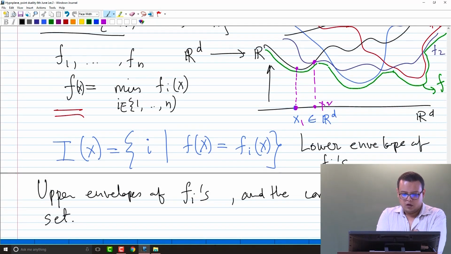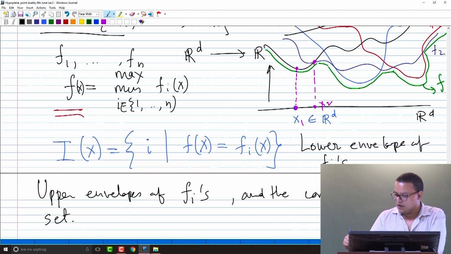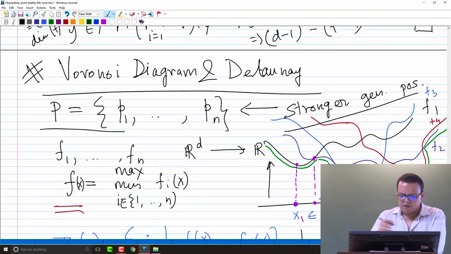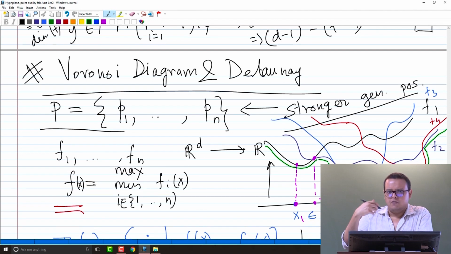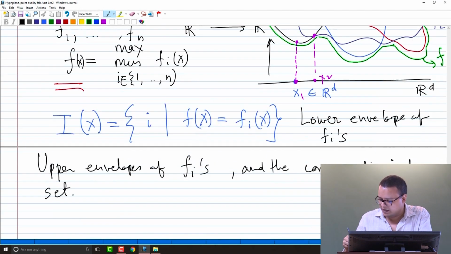So, lower will be the minimum, and for upper you will replace it with max. I am not drawing the upper envelope, it is so hard to draw with these horrible functions that I have drawn. I will draw a very nice one which is easy to do. Same fi's. You have a family of functions, and the upper envelope will be a function, so let me write it formally.